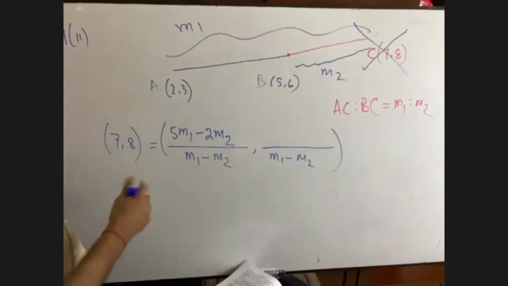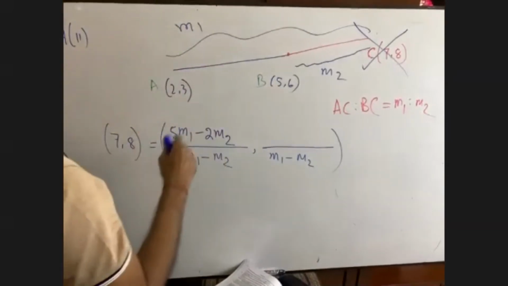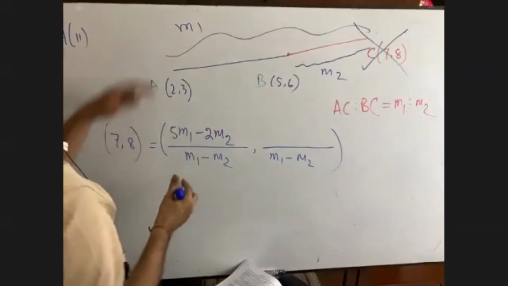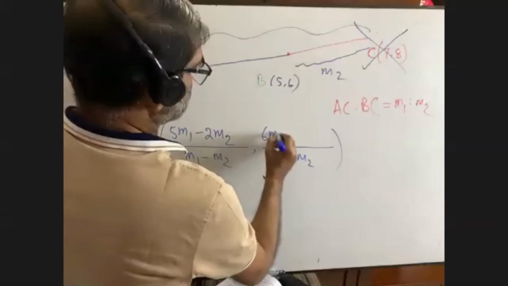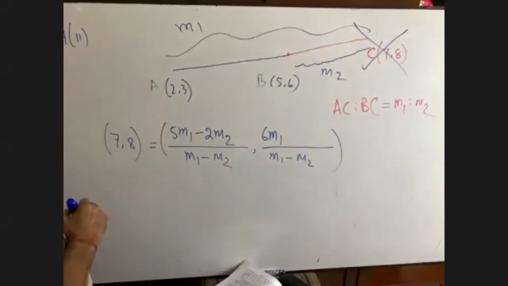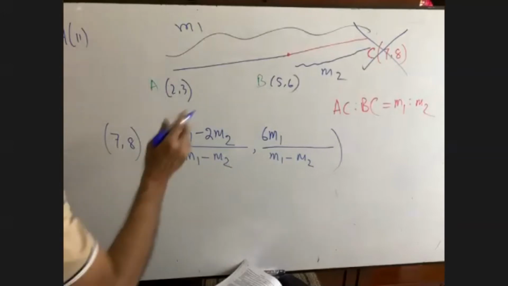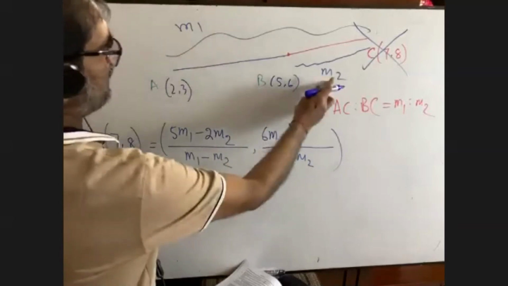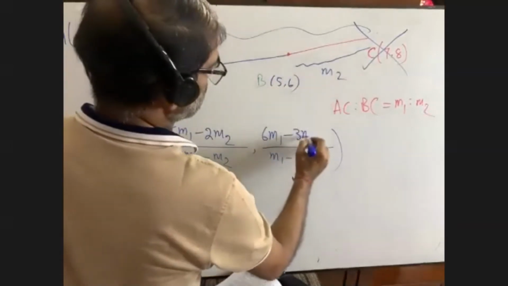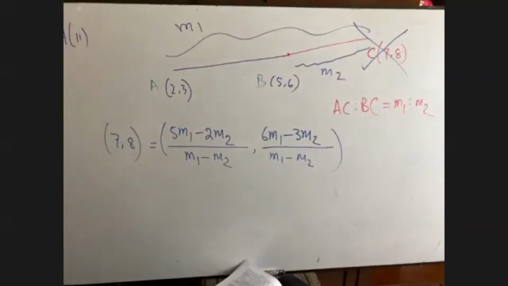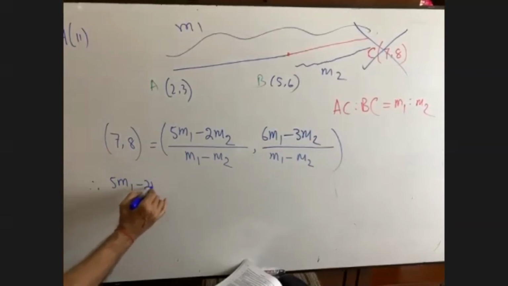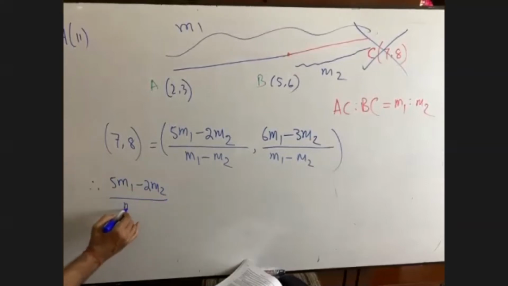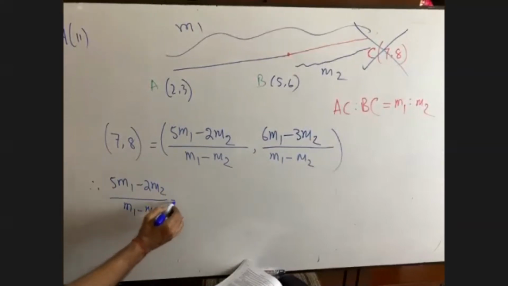Now you have to calculate in this way: M1 into 6, 6 M1, and M2 into 3, minus 3 M2. From here we get this equals to 7. That means 5 M1 minus 2 M2 by M1 minus M2 equals to 7.